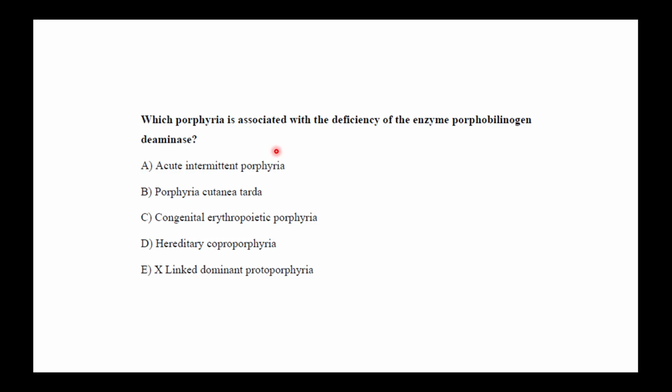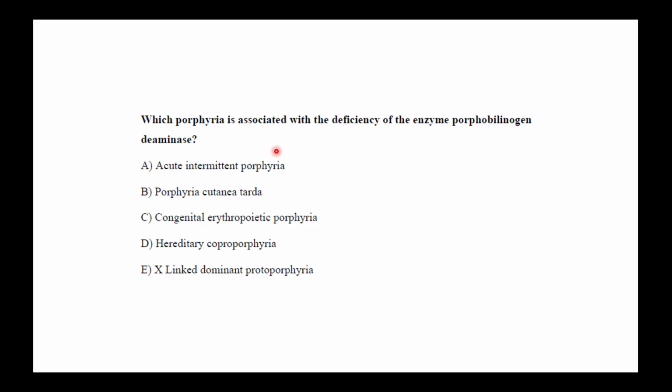Option B, porphyria cutanea tarda. Option C, congenital erythropoietic porphyria. Option D, hereditary coproporphyria. And option E, X-linked dominant protoporphyria.